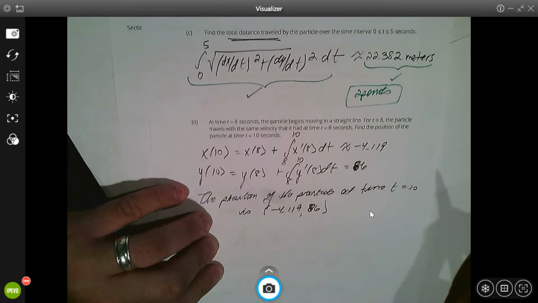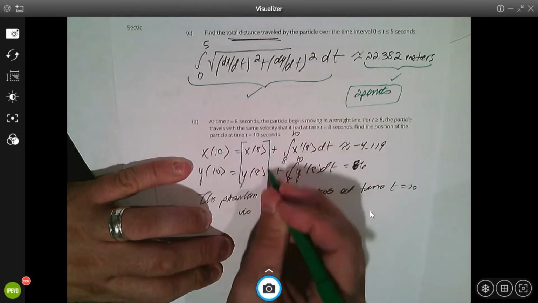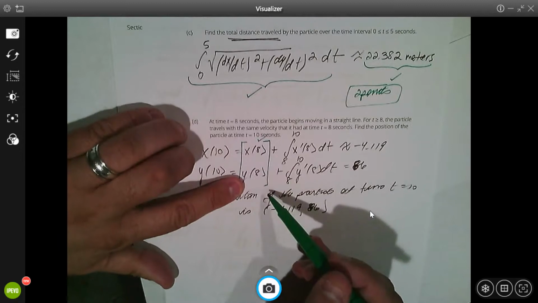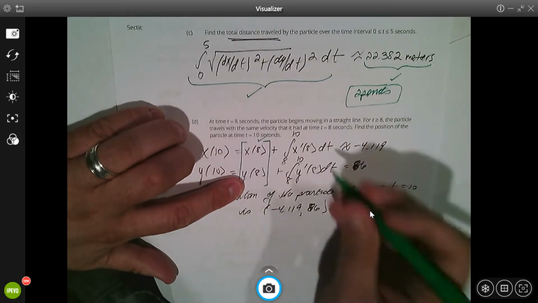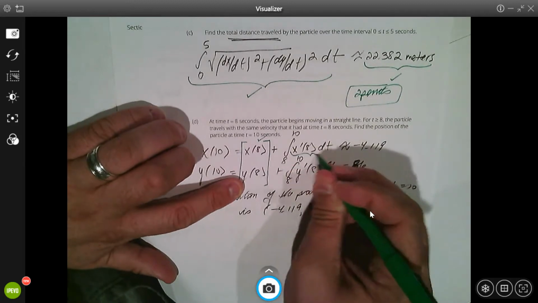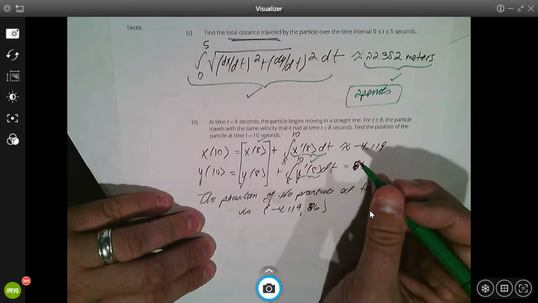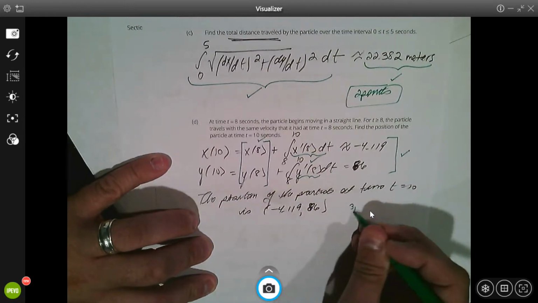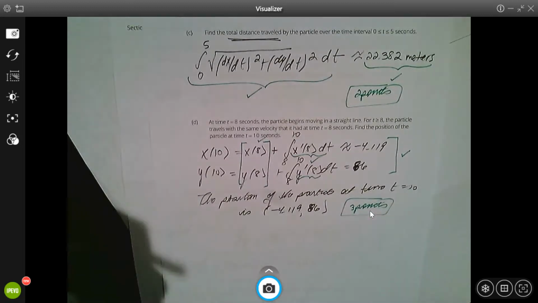They awarded a point for using the position at t equals 8. So I'm assuming they mean both the horizontal and the vertical position. Using both of those gets you a point. 1 point for using the velocity at time t equals 8. So that's velocity in the x and velocity in the y. And then 1 point for actually determining the position. So that is your total of 3 points.